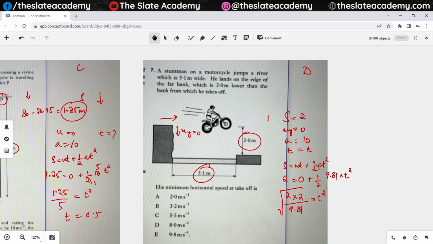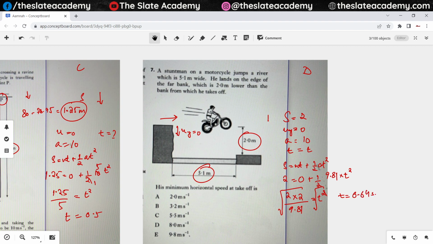So t is equal to the square root of 4 divided by 9.81. The time is 0.638 seconds. So let's take 0.64 seconds.